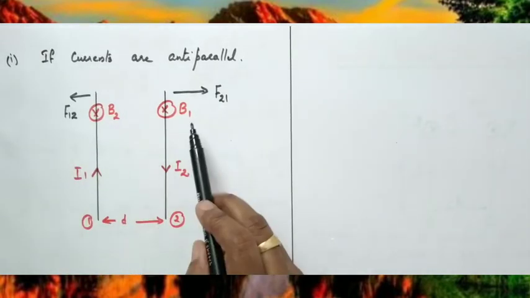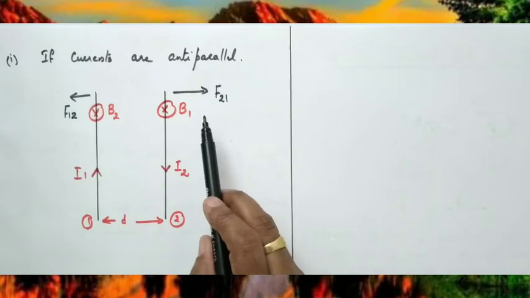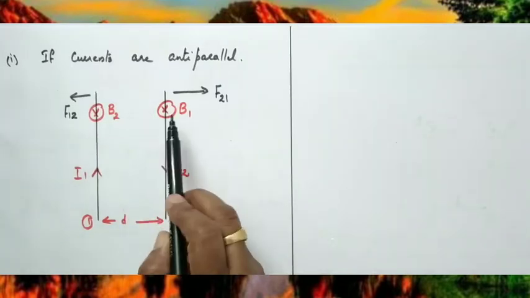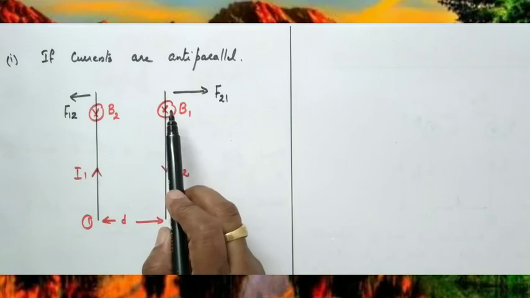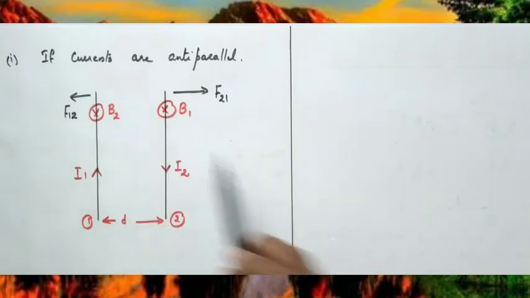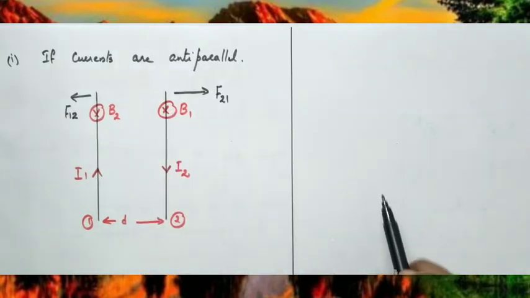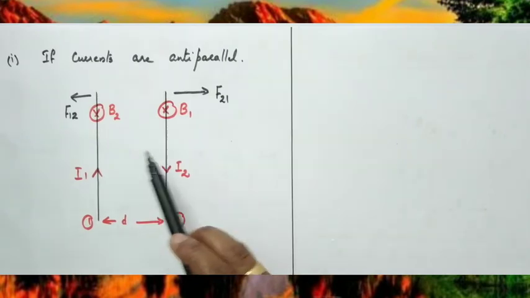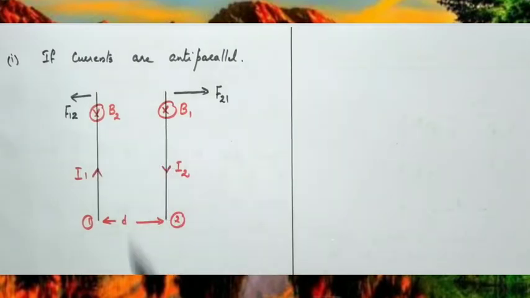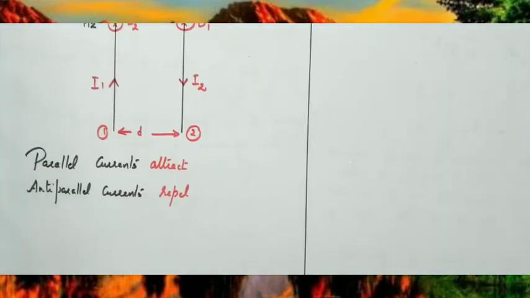That means here also magnitude wise both are equal, direction wise opposite. In the first case we have seen parallel currents always attract. Similarly, anti-parallel currents always repel. Hence we can say parallel currents attract and anti-parallel currents repel.